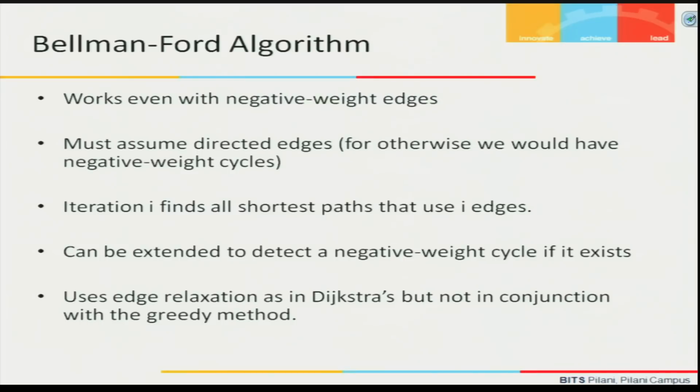In this algorithm, in the ith iteration, we find all shortest paths that use i edges. Like Dijkstra's algorithm, it uses edge relaxation, but not in conjunction with the greedy method. If you recollect, when we did edge relaxation, we used the greedy method to choose the next vertex. The next vertex was chosen such that the d value was the least.